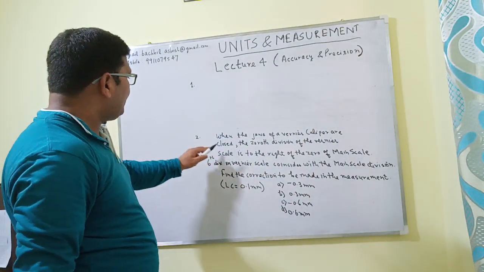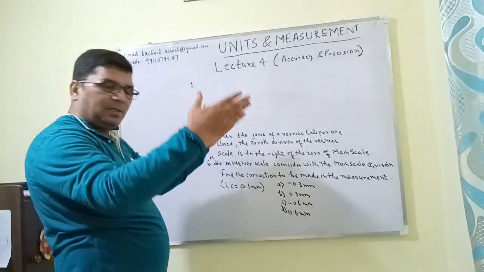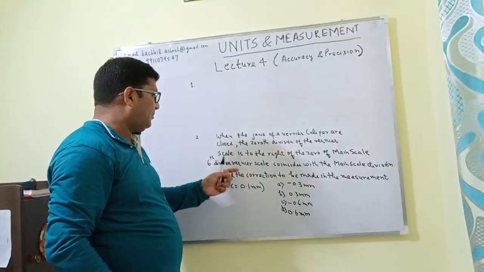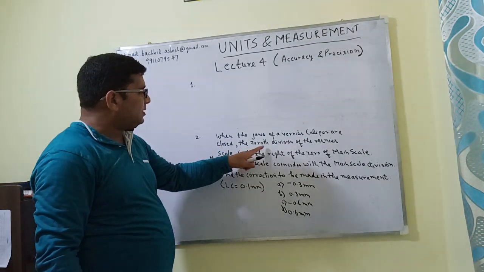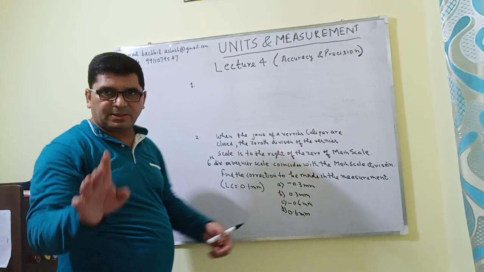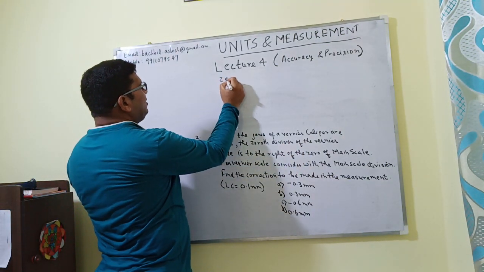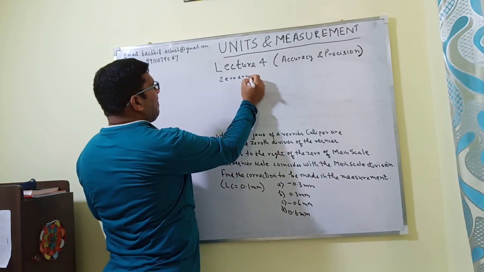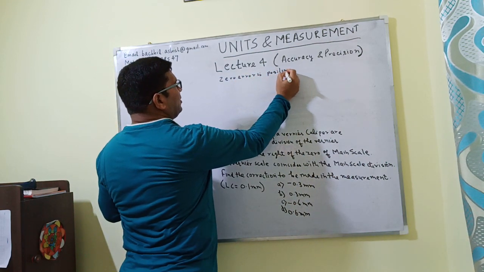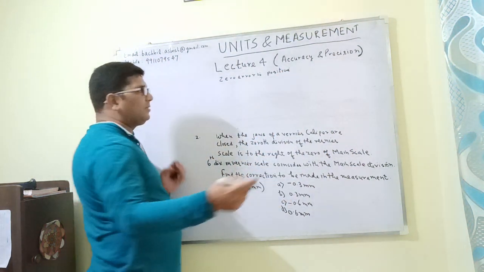In the second question it is written, when the jaws of a Vernier caliper are closed, when the lower jaws are made to touch each other completely, the zeroth division of the vernier scale is to the right of the zero of the main scale. This means that the zero error is positive. The first thing is clear. Now if the zero error is positive, then the zero correction will be negative.